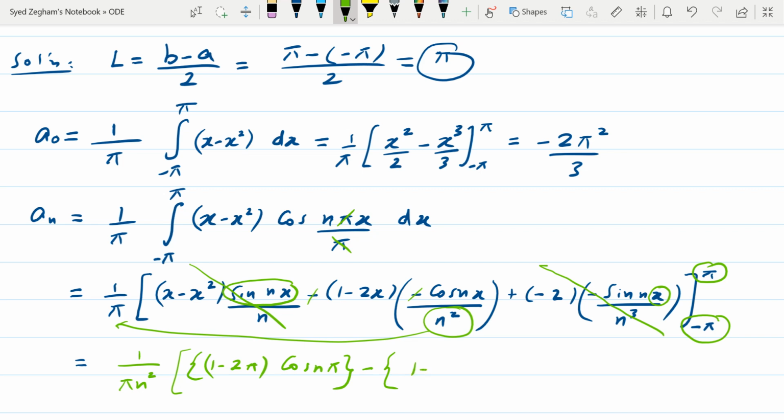So this becomes 1 minus 2 times minus pi, and this will become cosine n times minus pi, right? This is the second term.